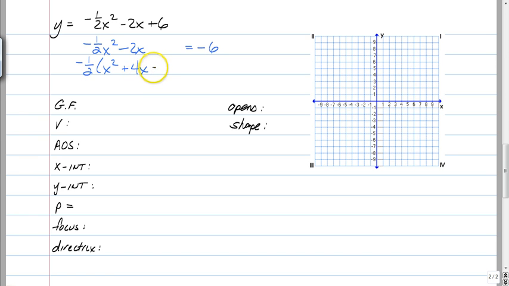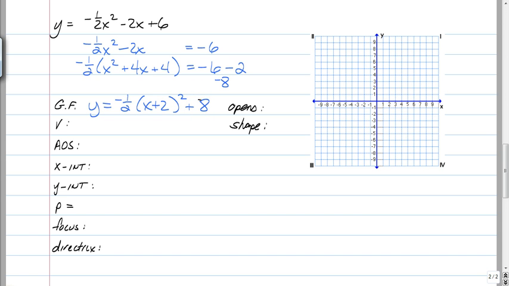Half of 4 is 2, squared is 4. Now that's equal to negative 6 minus 2. The reason it's minus 2 is because you must multiply the leading coefficient by the 4 before you add it to the other side. So your graphing form is y is equal to negative 1/2 times (x plus 2) squared, and then this is negative 8. When we bring it back to the left, it's plus 8.